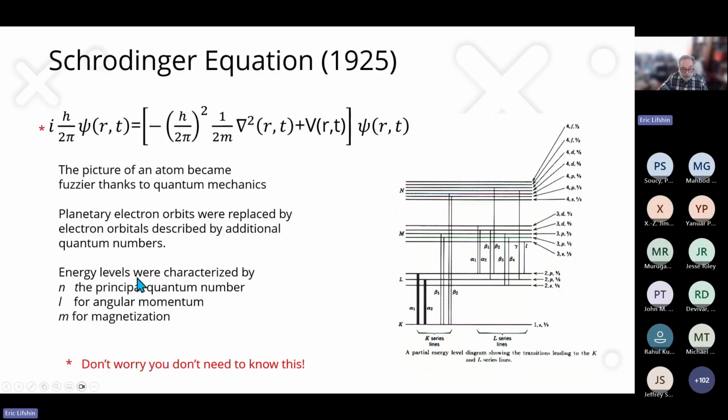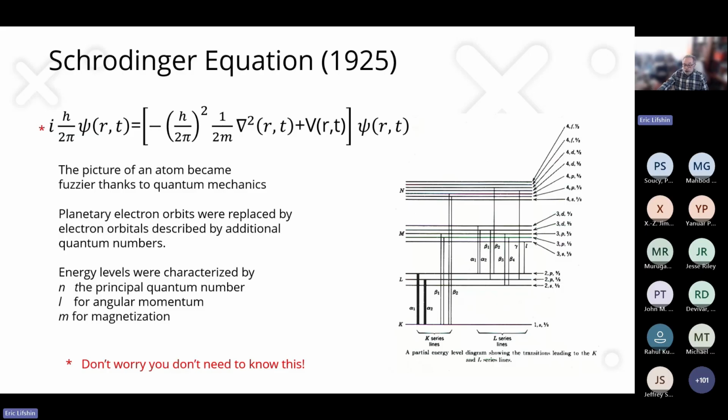But now the energy levels, as shown here in the picture on the right, are described not by one number n, but by a group of numbers, n being the principal quantum number, as was the case for Bohr, but also some fine structure associated with angular momentum and magnetization and spin. And when we look at that picture on the right, we see a nomenclature there, K, L, M, N, referring to first, second, third, fourth levels.